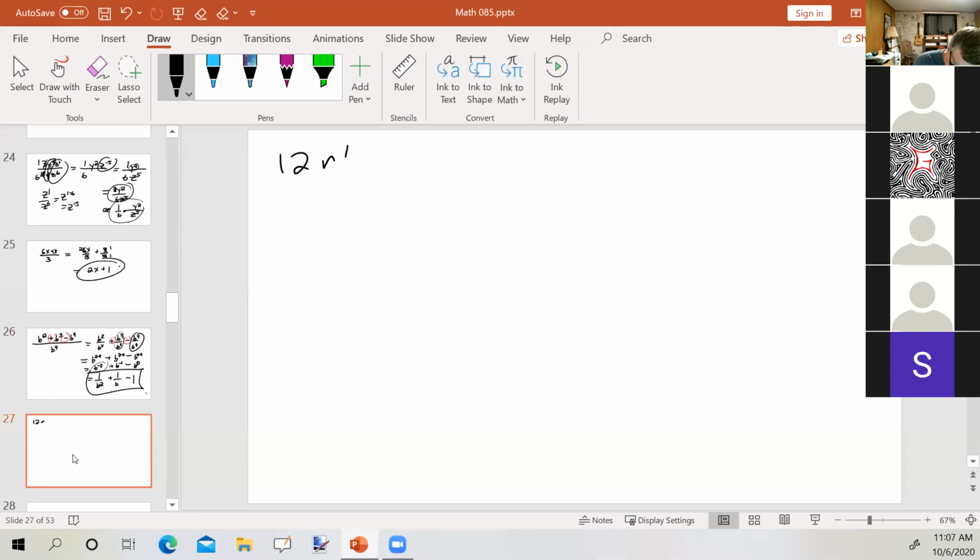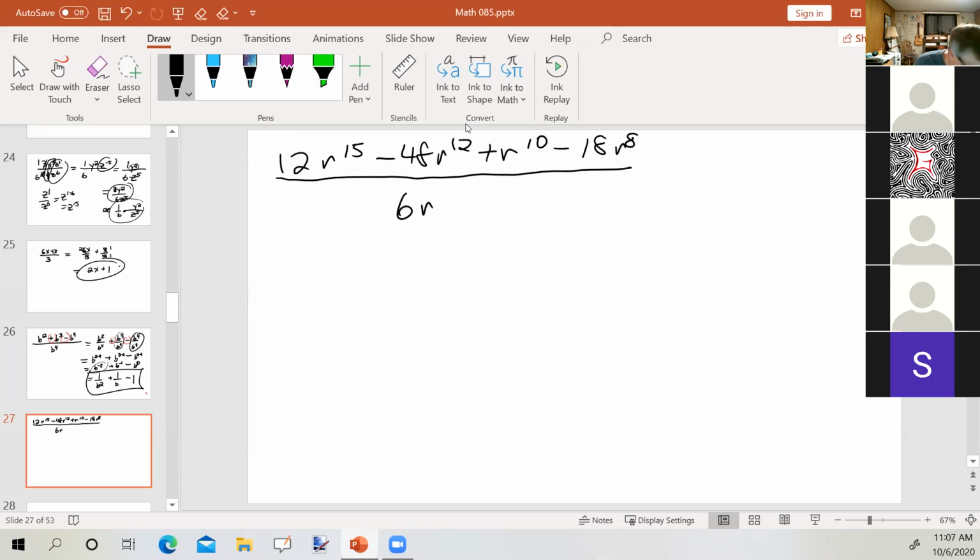12r to the 15th power minus 48r to the 12th power plus r to the 10th power minus 18r to the 8th power, all divided by 6r to the 10th power. So again, we have a polynomial divided by a monomial. So I'm going to take each term in the numerator divided by the term in the denominator.